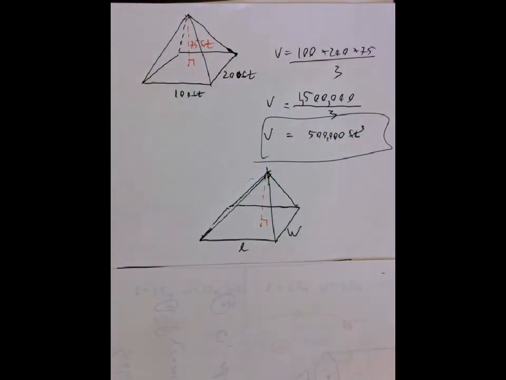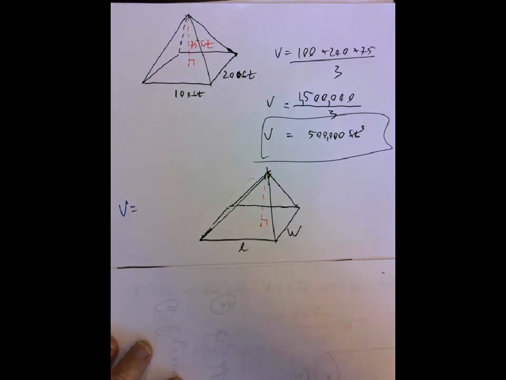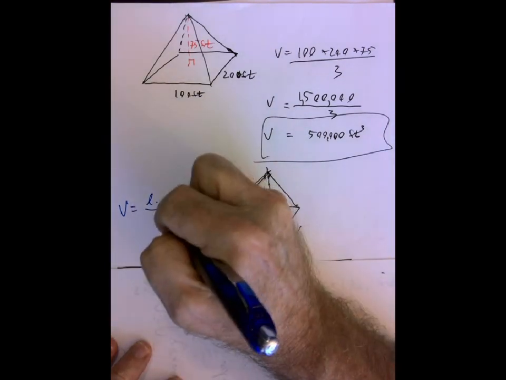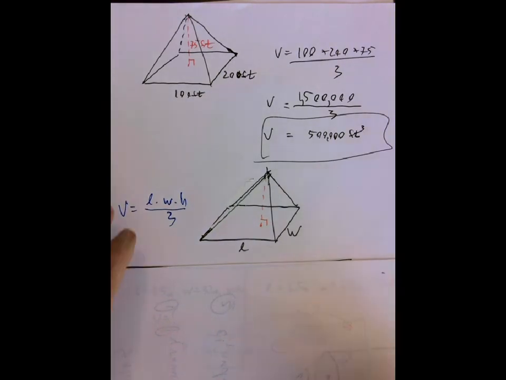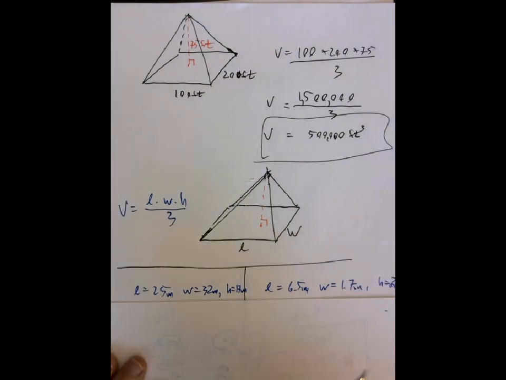Okay? So anyway, this is our volume formula again for a pyramid. Any kind of rectangular pyramid: length times width times height divided by 3. Okay, now what I want you guys to do is try a couple. Using this picture here, what if the length is 25 meters and the width is 32 and the height is 17?